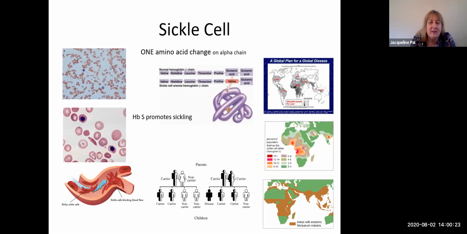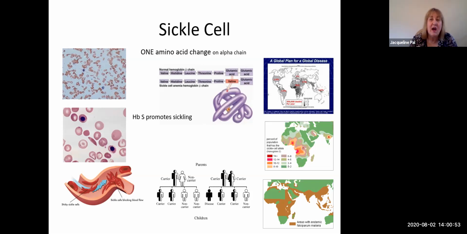So if you contract malaria, you can die at a much younger age. So if there's no treatment for malaria, then you're dying from malaria. And even though there's no treatment for sickle cell, you are living slightly longer. You are living to reproductive age where you are reproducing with other people who have the trait because they didn't die for sickle cell. Why aren't you dying from sickle cell if you have the disease?